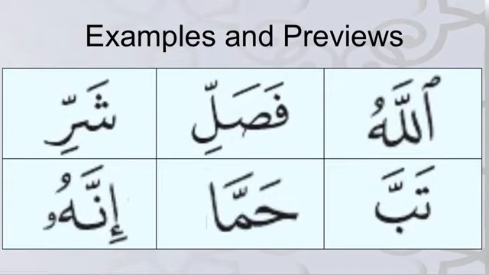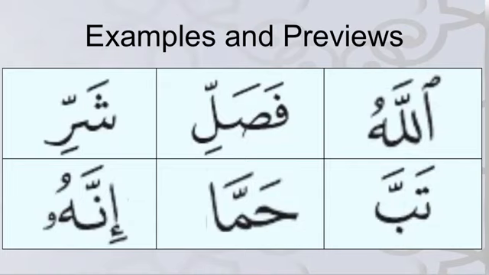Alright, so some examples and some previews of upcoming lessons. Now, the very first word with the shadda, and perhaps the most important word when it comes to shadda, is also referred to as the lafzul jalala, the name of Allah subhanahu wa ta'ala, one of the 99 beautiful names of Allah subhanahu wa ta'ala, and probably the most well-known name of Allah, which is Allah.